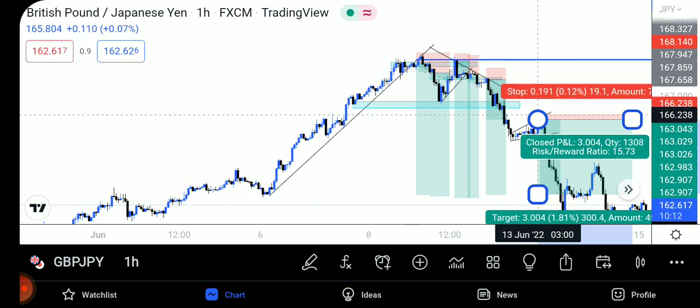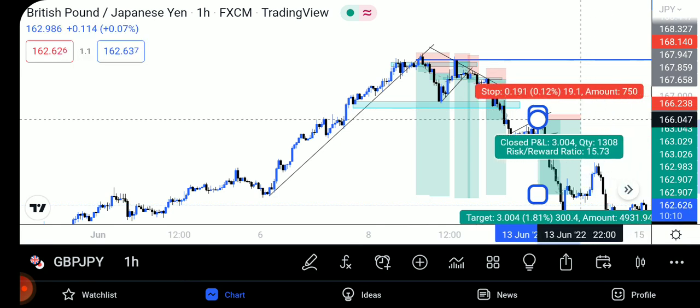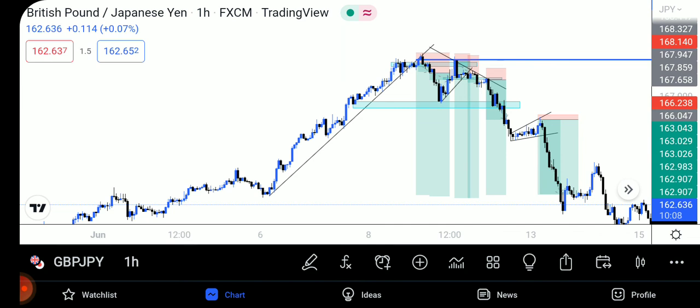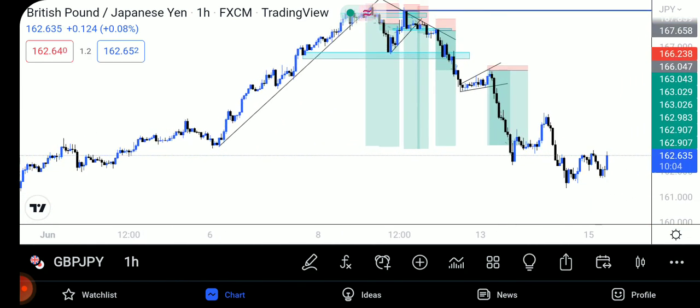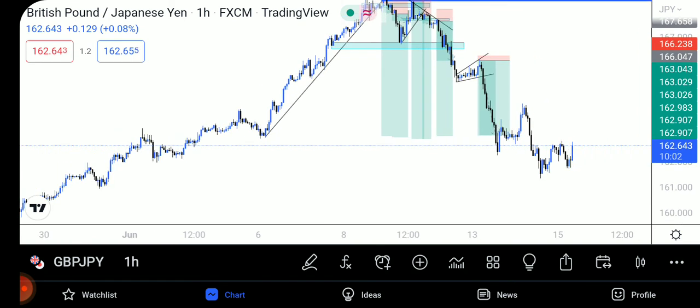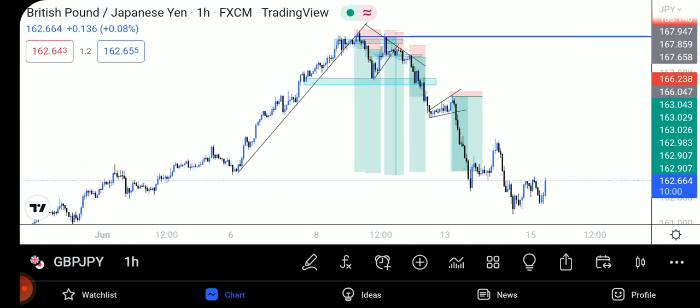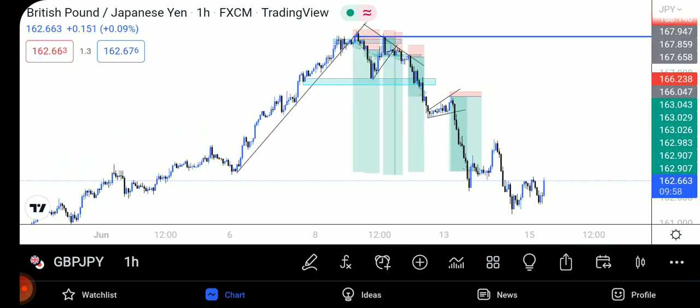These are the sniper entries that we usually get. That would be us riding the markets to the downside. Those are the entries I would have gotten, and that's how I get my trades and how I manage.